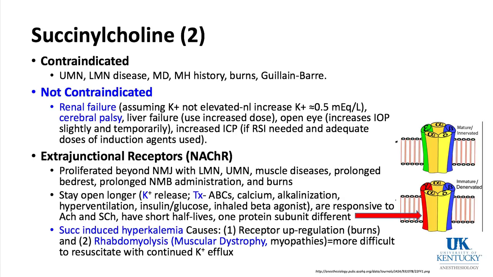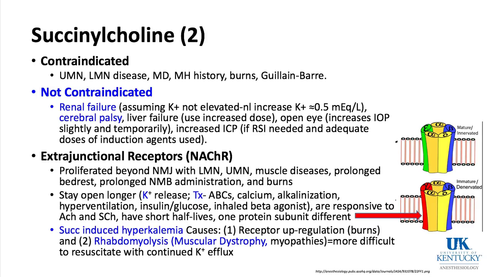Succinylcholine can raise intraocular pressure slightly and temporarily, and we worry about patients with open eye injuries, that extrusion of the vitreous could occur. However, if you need to use succinylcholine, giving adequate doses of induction agents and providing oxygenation and hyperventilation can block that rise in intraocular pressure.